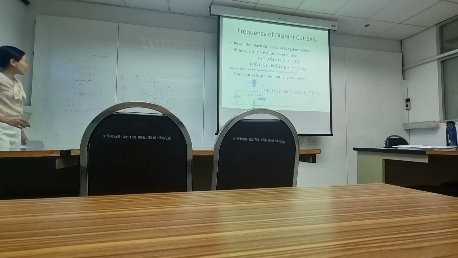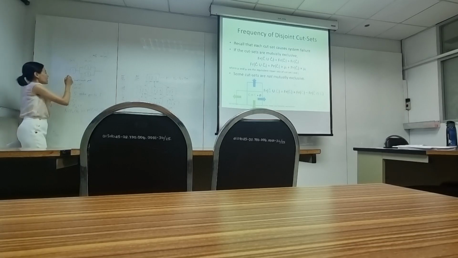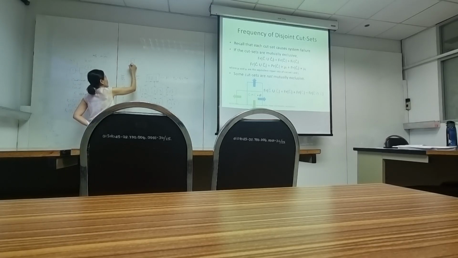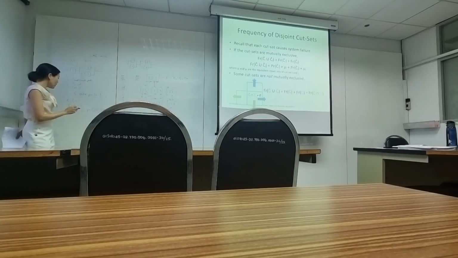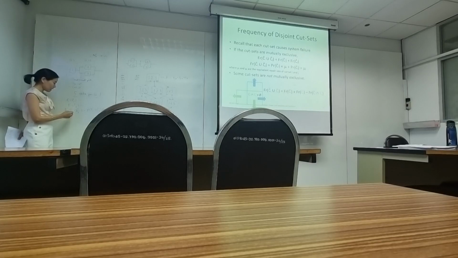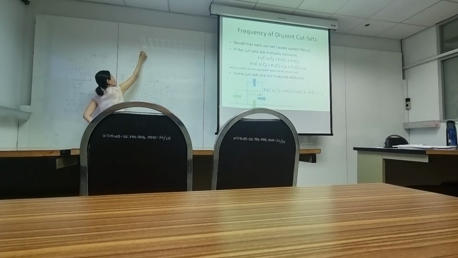Now, if you have a system that looks like this, when we find the equivalent repair rates for the frequency of C1 and C2, the equivalent of these two sets will be just equal to mu1 plus mu2 plus mu3, okay?